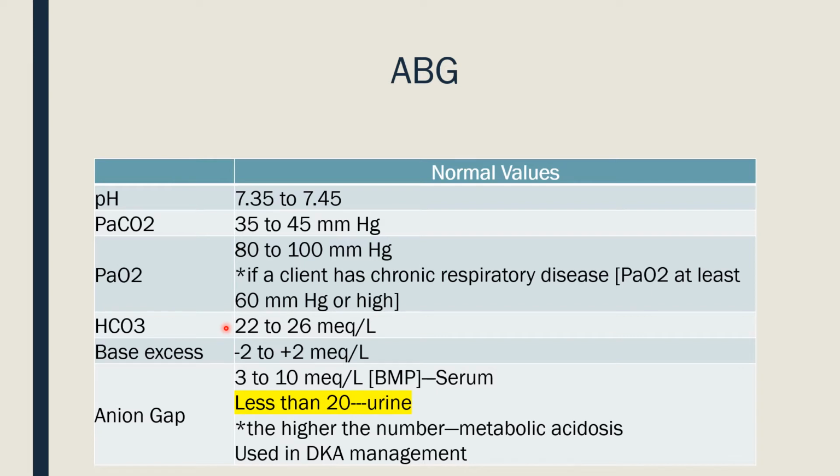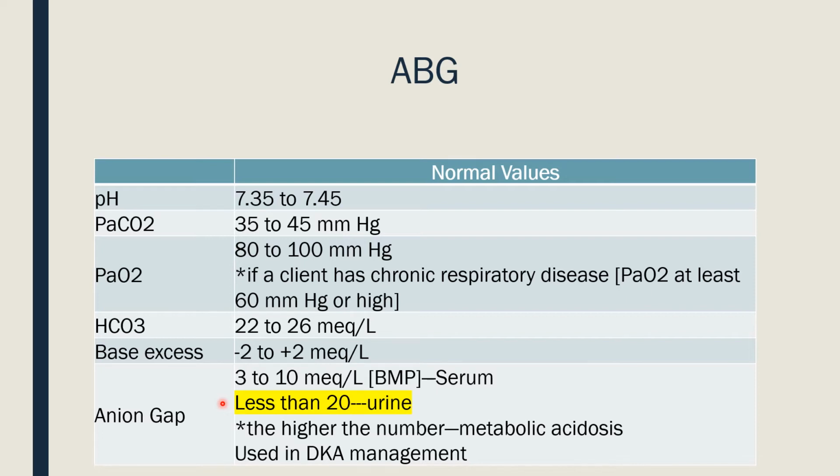That's the normal value. We also monitor base excess, but this will just give you a hint if your patient is more on the alkaline side. We also monitor the anion gap. If you remember, if your patient is diabetic and they develop, let's say, DKA, we monitor this anion gap.